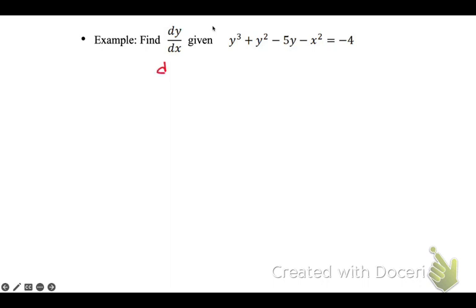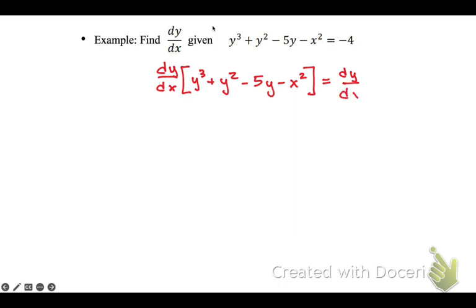Okay, so d/dx of y cubed plus y squared minus 5y minus x squared equals d/dx of negative 4.